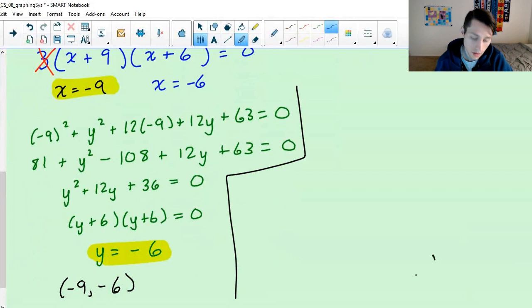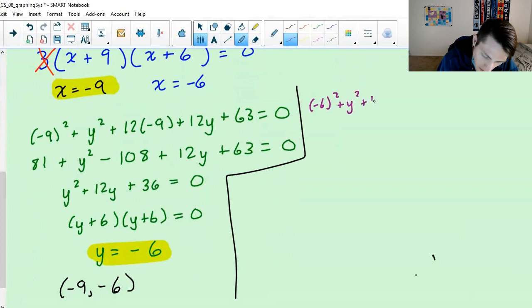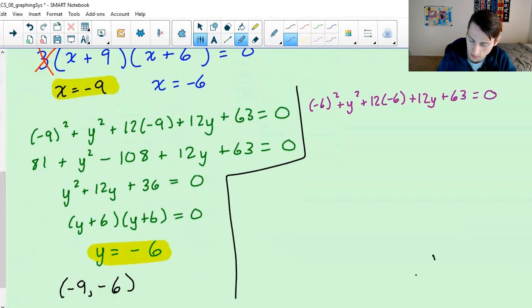But let's now do the same thing, but plug in x equals negative 6 instead. I probably have space. So negative 6 squared plus y squared plus 12 times negative 6 plus 12y plus 63 equals 0. 36.